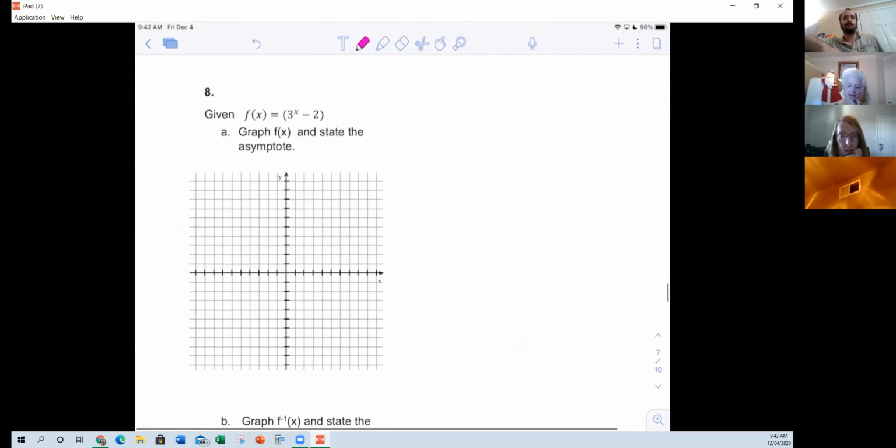Okay, so this one says given f of x equals 3 to the power of x minus 2, graph and state the asymptote. So basically, you can do it differently if you want, I just look at the parent function here, which is y equals 3 to the x.